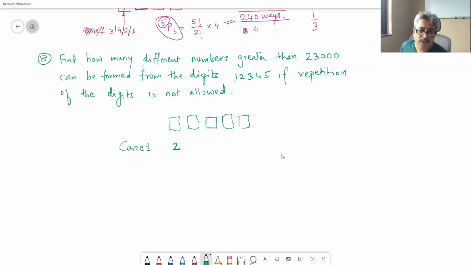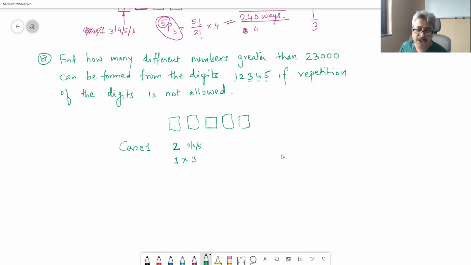Therefore, this is one way of putting the first digit, and there are 3 different ways of putting the second digit. Out of 3, 4 or 5, you can have any digit at the second place. That is what this 3 is all about.